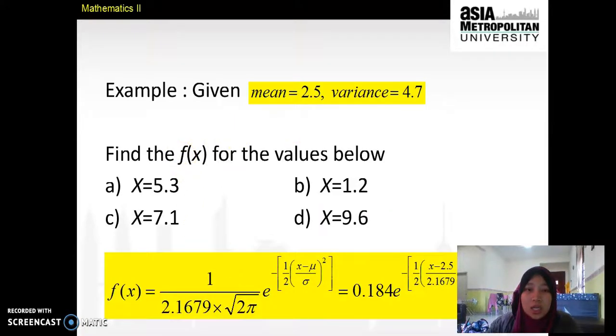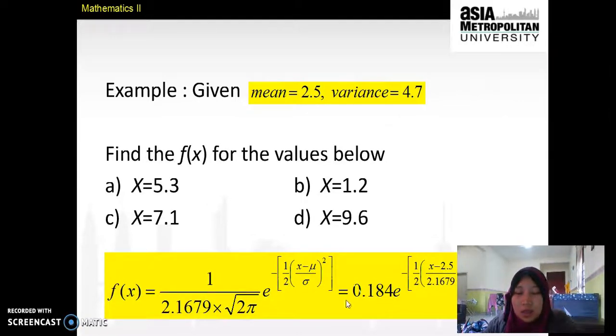Now, the first step to evaluate or calculate a normal distribution is that you need to have the value of the mean and the value of the variance. So when you want to find the f(x) for the values below, you just substitute the mean and variance into the formula, and then you will be able to get the value.